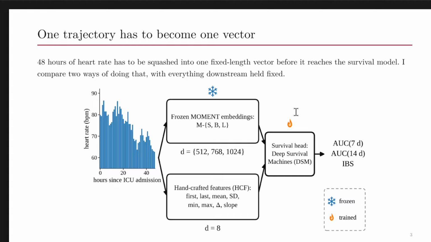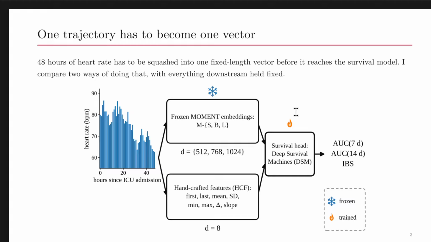So this is a natural marriage between a TSFM and a survival head, especially for Auton Lab. We investigate just one covariate here as part of this stepping stone, and that covariate is heart rate, which is time varying. It needs to be given to each Moment variant and to the handcrafted features. Moment comes in three flavors: small, base, and large, and we test all three.